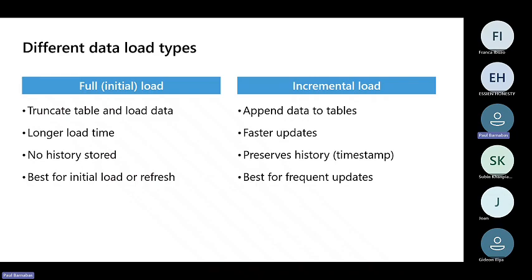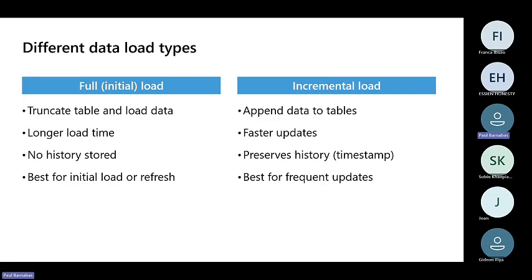So it looks at the data that is coming in, what is the difference between that and what is available in the destination, and only that subset of data that is not available in the destination is loaded. So instead of having to process 1 million records, probably the data between yesterday and today is just 100 records. It's easier to load that. So that is faster.